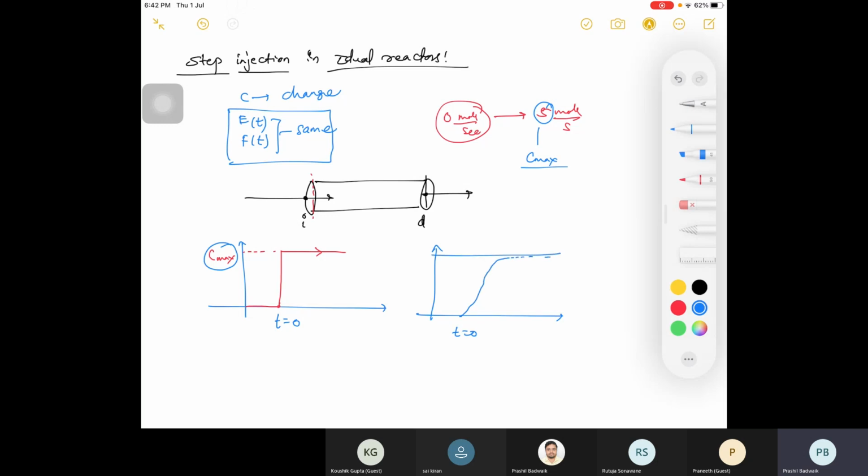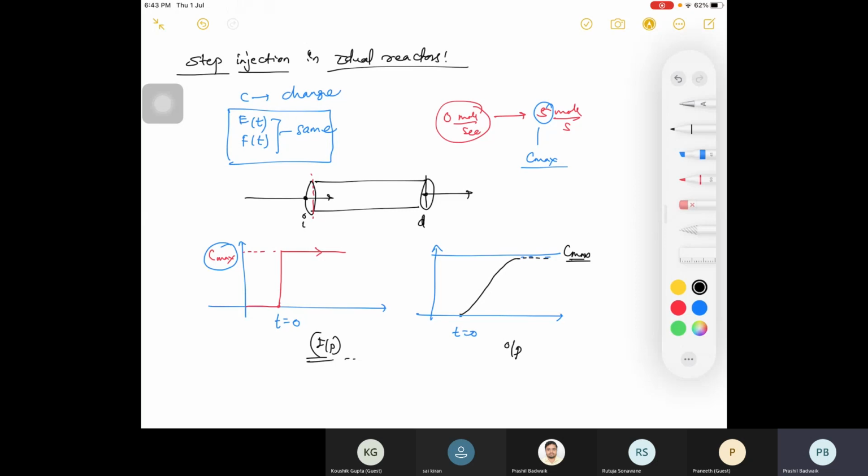This kind of curve you will get is called a sigmoid curve, that is, S-shaped. This value will reach your C max. This is just an imagination, you could say. This is your output, this is your input, right?